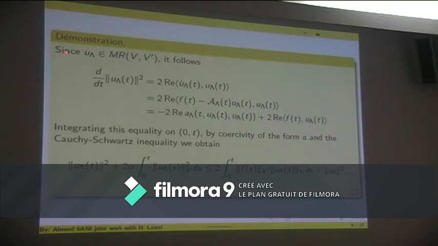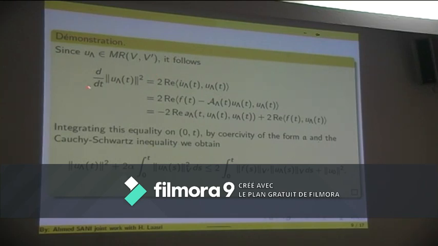Good. If I want to give a sketch of the proof, it suffices to prove this equality, which is immediate from the definition of u_lambda and the duality product here.